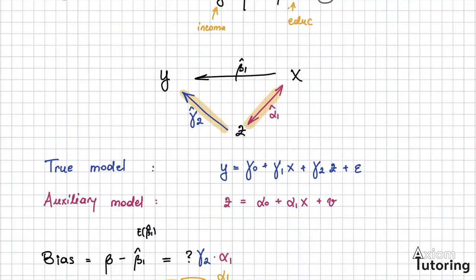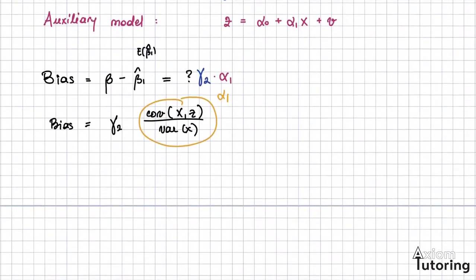So the product you need to look into is gamma 2 times alpha 1, which coincides with what the algebra showed us in the previous video. If you know separately the sign of gamma 2 and the sign of alpha 1, you can easily figure out the sign of your bias overall.